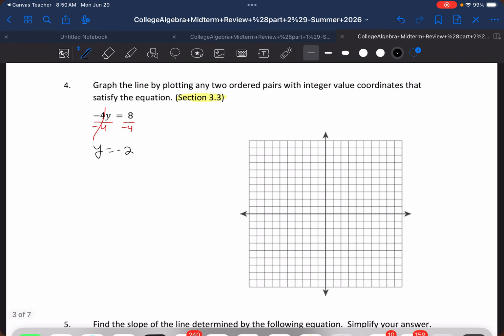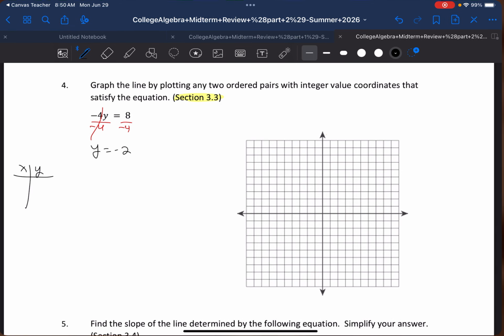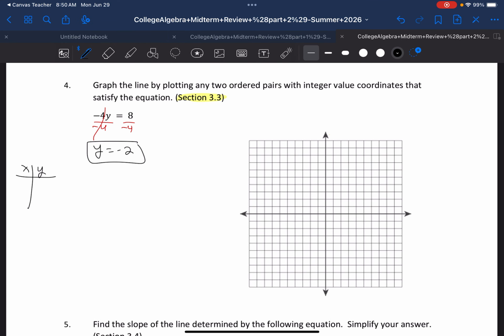So if I make an xy table, my y is always going to be negative 2, no matter what. It can't change because that says y is equal to negative 2.